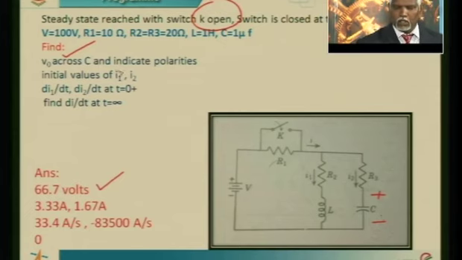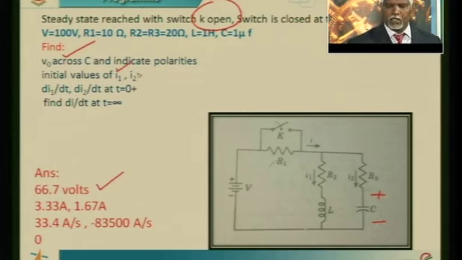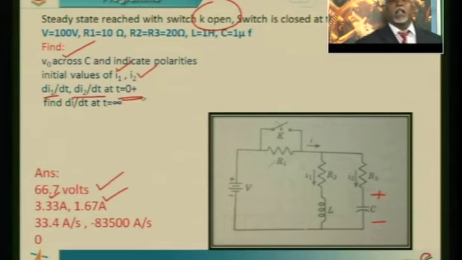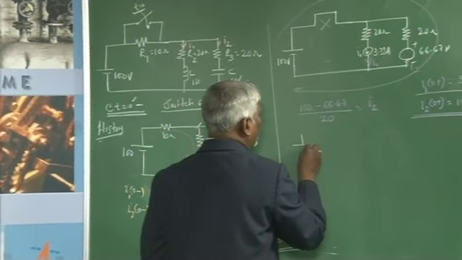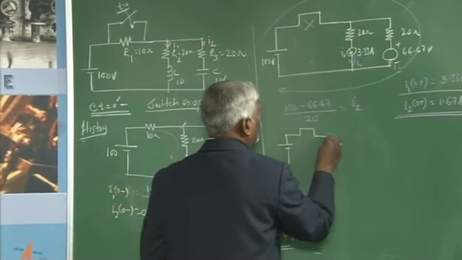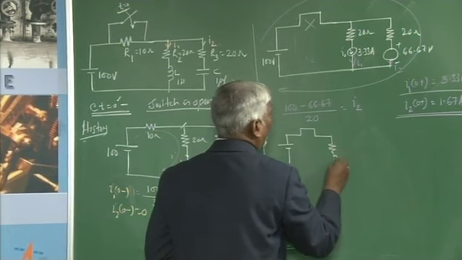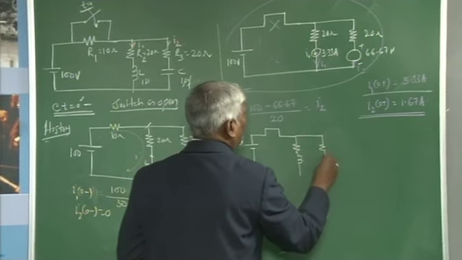We saw I1 at 0 plus and I2 at 0 plus, which are 3.33 and 1.67 amperes. Now, we need to see dI1 and dI2 by dt at t equal to 0 plus after switching, and the last one is di by dt at t equal to infinity. So, we need to write a loop equation for a general network after switching. This switch, R, L, R, C.